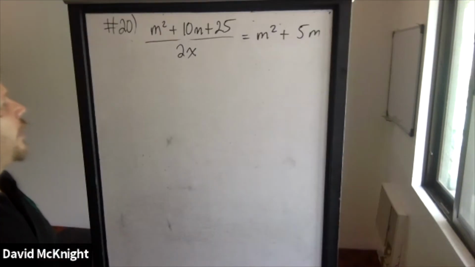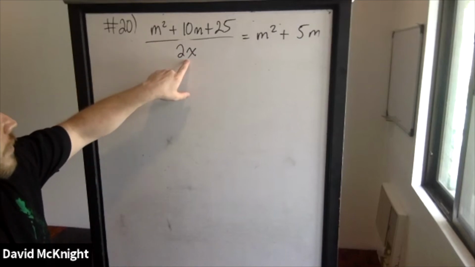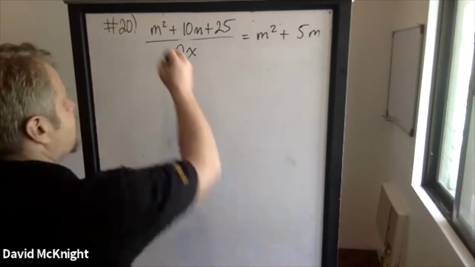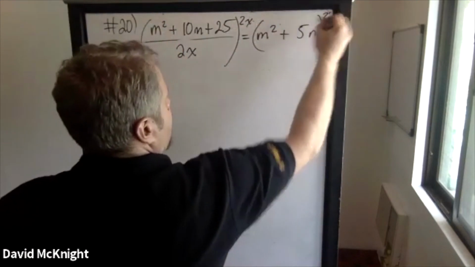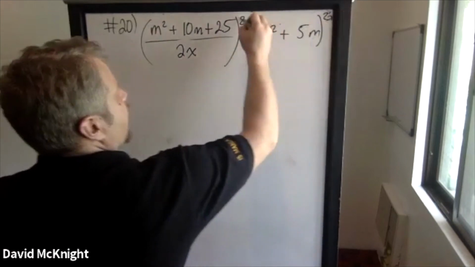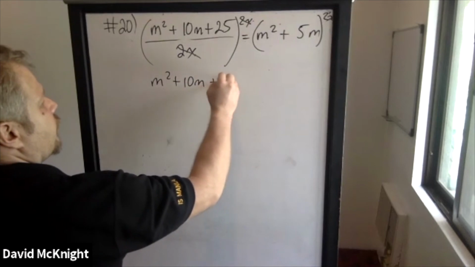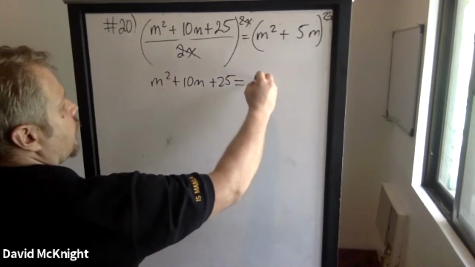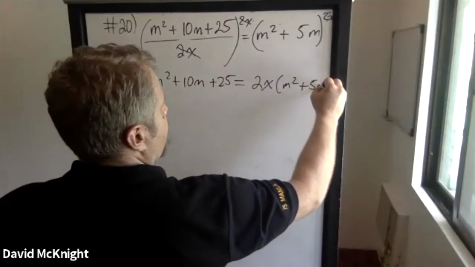This is really an advanced question that we won't really get to until the second semester, but we can still isolate for x. And again, we're going to clear the fractions. This is the only denominator, so we multiply everything by 2x. And that's going to cancel here. So we have m squared plus 10m plus 25 is equal to 2x times m squared plus 5.